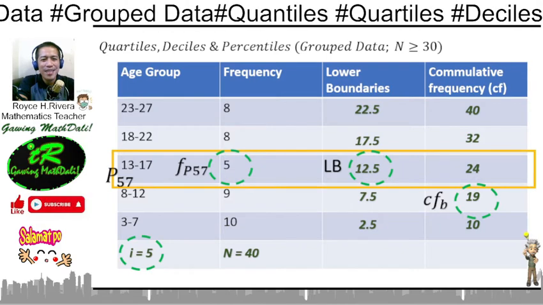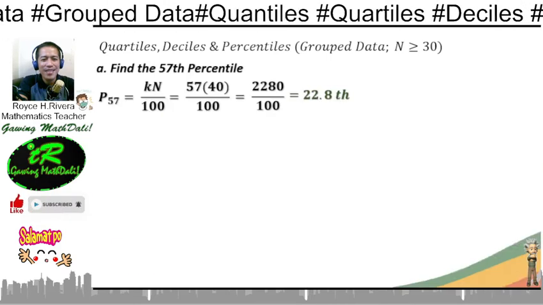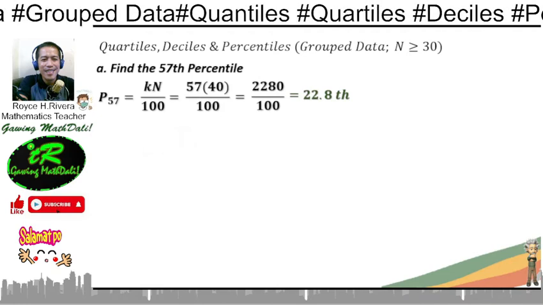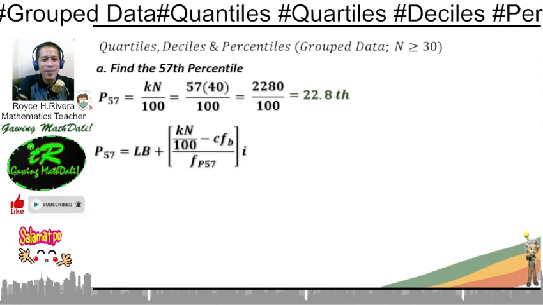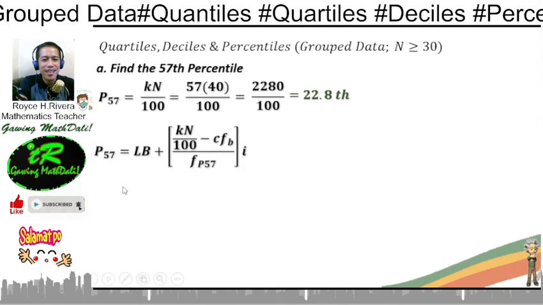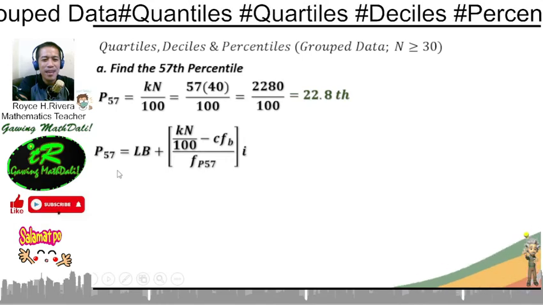Let us proceed sa computation. Ito ang formula for getting the value of percentile 57.